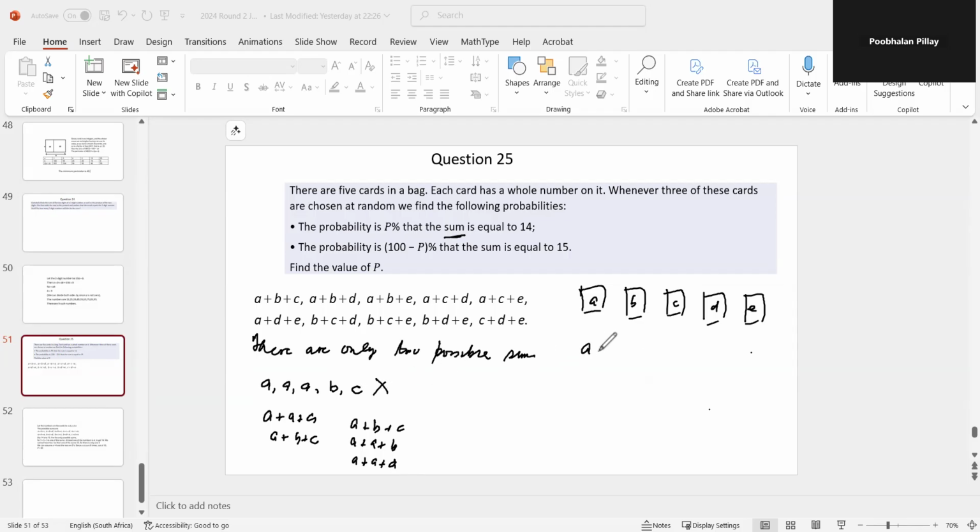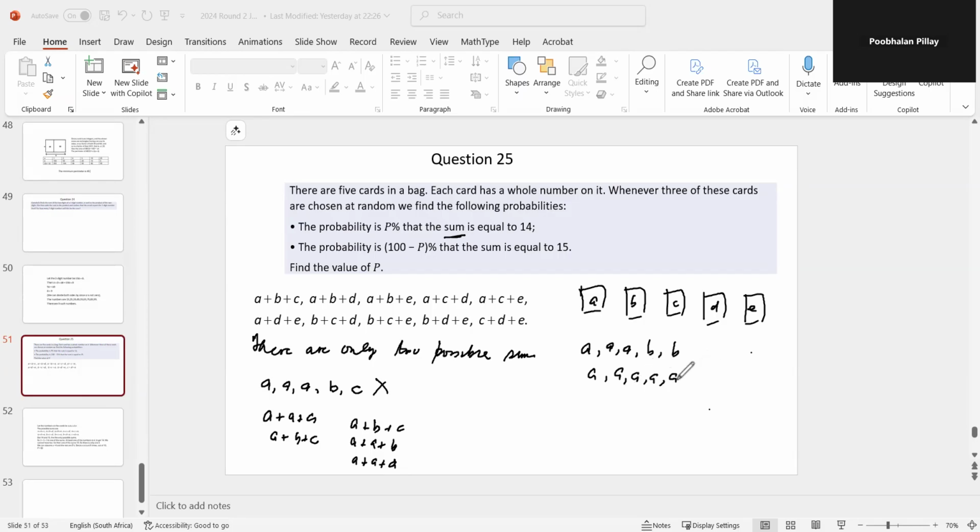So you could have had three A's, you could have B and B. So it's quite possible that you could have only two different numbers. Or you could have had only one number, A, right? That is also possible because any three of these will give you the same thing.